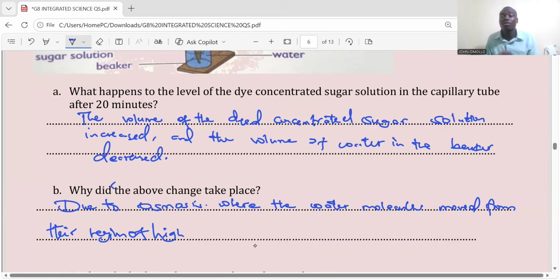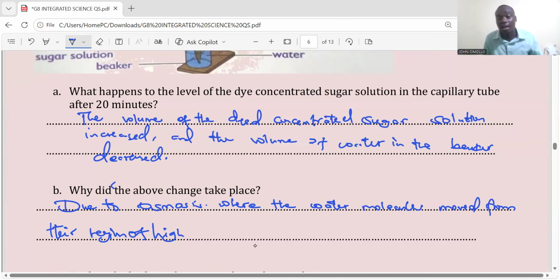When you just talk about high concentration, that case is diffusion. Remember, diffusion is from a region that is highly concentrated to a region that is lowly concentrated. But because we're talking about water moving, osmosis, we are supposed to mention high water.